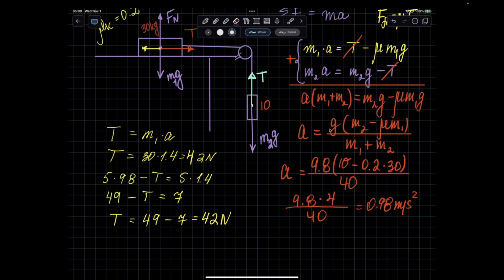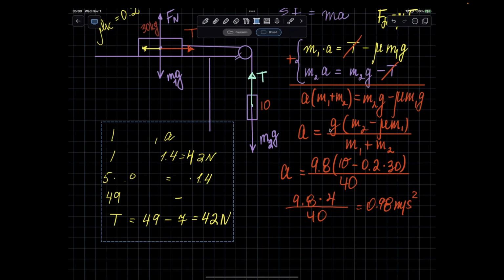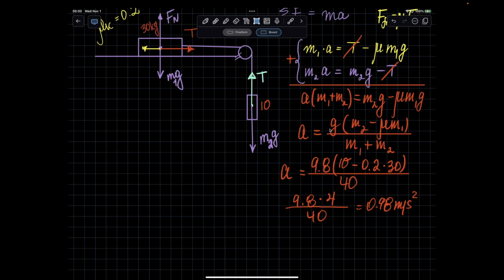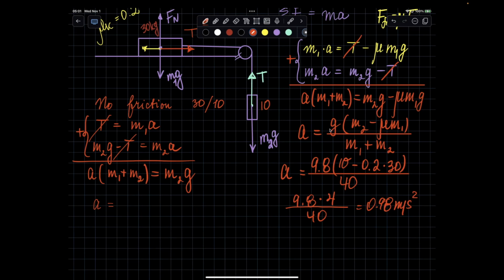Just to make sure that you see the difference between friction and no friction, I'm going to quickly recalculate. If we had no friction, just one mass, which was 10 times 9.8 over 40.